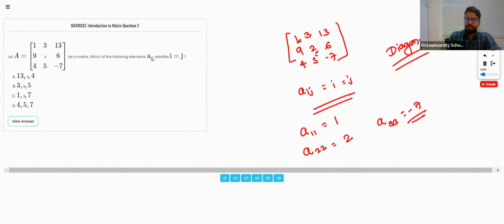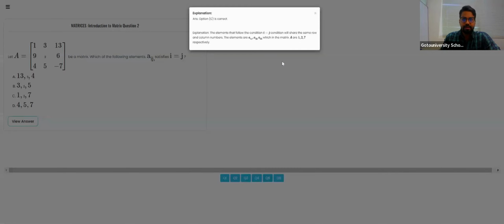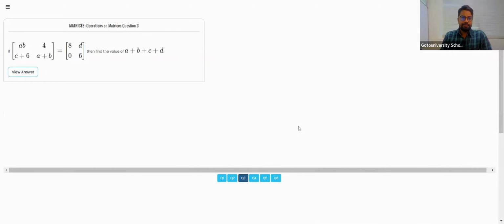Our answer is option C, 1, 2, and -7. Okay, so let's view the answer in that case. So here we are comparing two matrices. I'll rewrite the question again quickly.